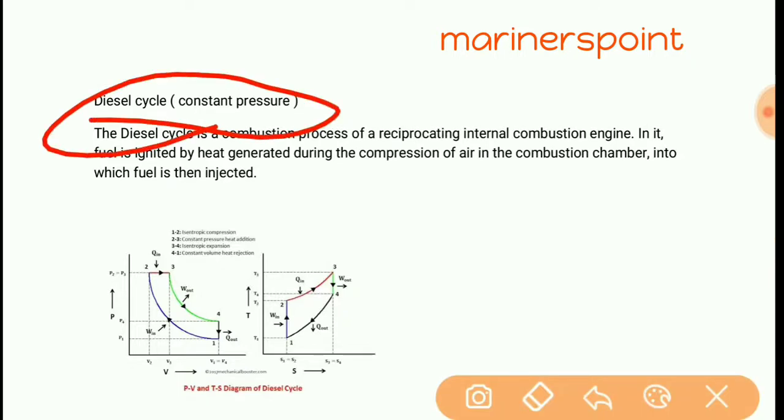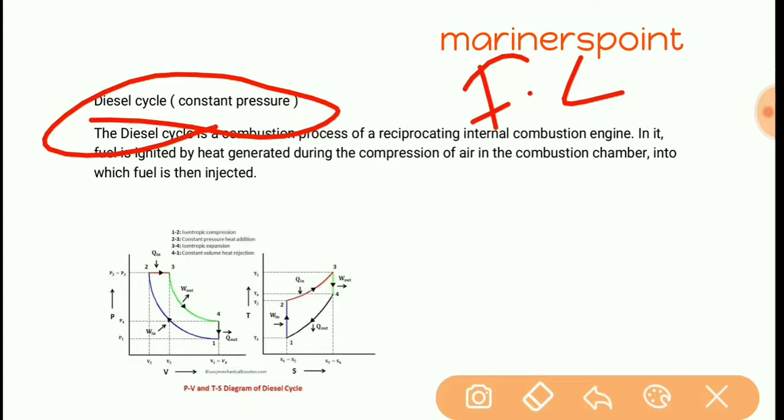The diesel cycle is also known as the constant pressure cycle because heat is added and rejected at constant pressure. What is the diesel cycle? The diesel cycle is a combustion process of a reciprocating internal combustion engine in which fuel is ignited by heat generated during the compression of air in the combustion chamber, into which fuel is then injected.